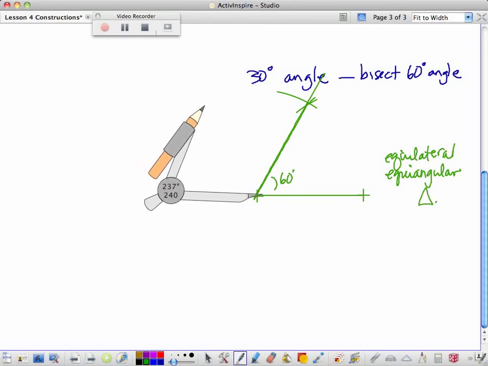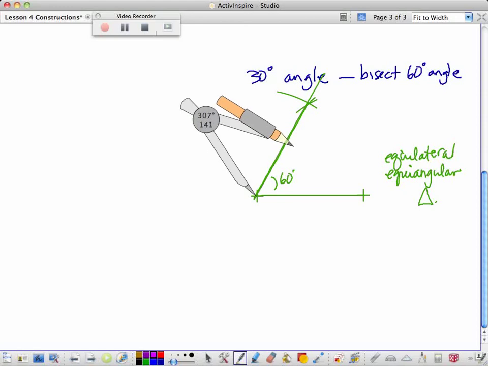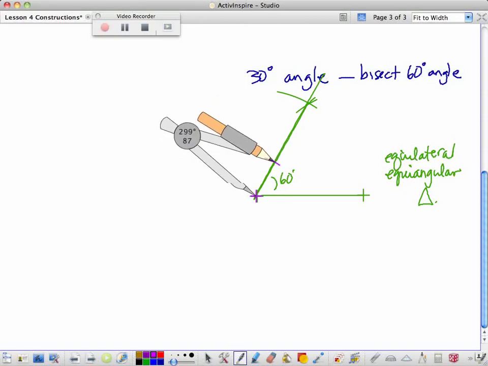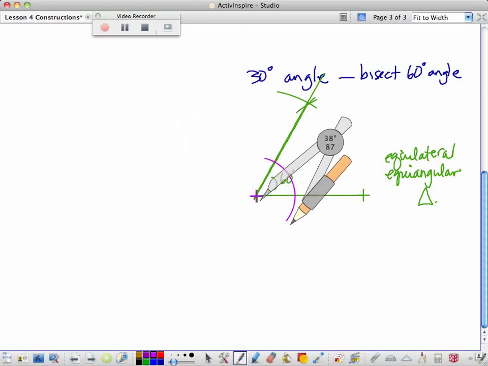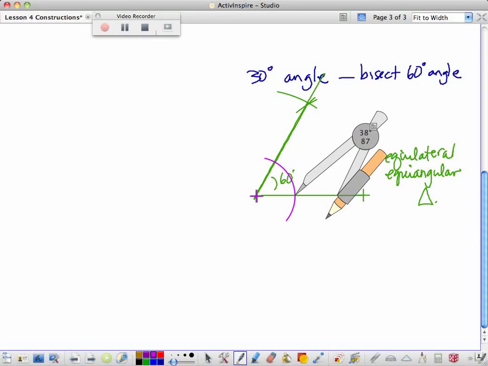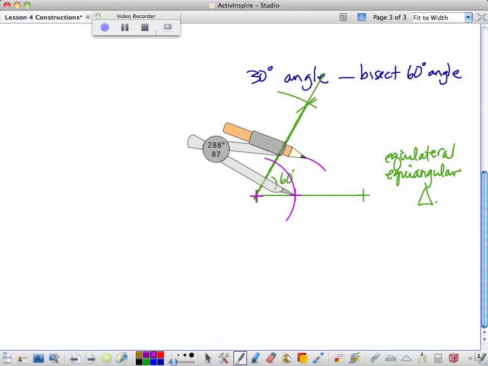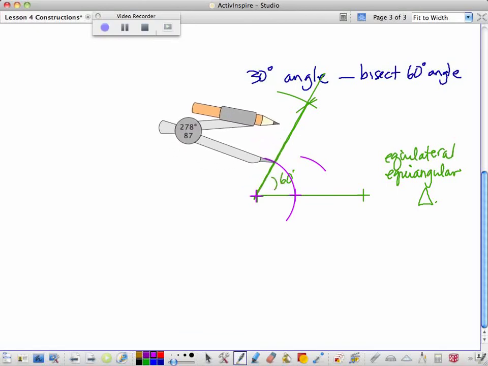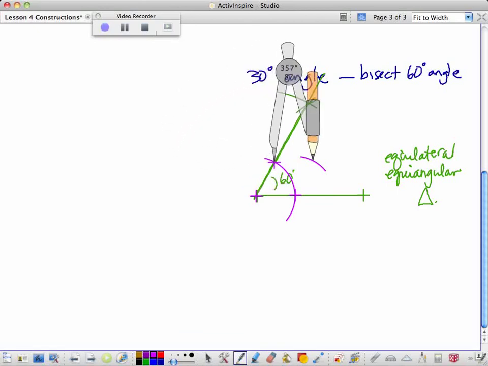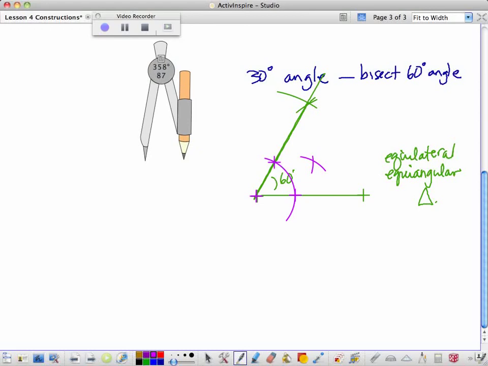So this is a review. We put our compass there on the edge, and I make my little arc through each ray of the angle. Then I put my compass where the arc meets the ray and make little marks out here, move it to the other intersection, and make it out there. I connect with my ruler, lining it up.